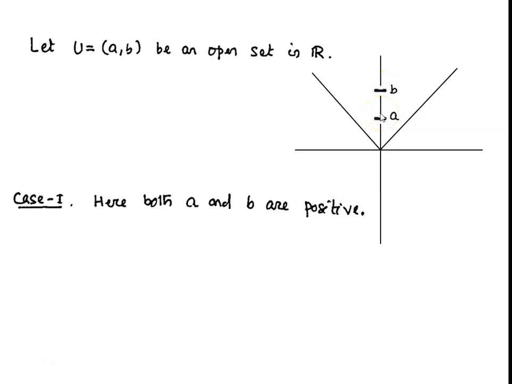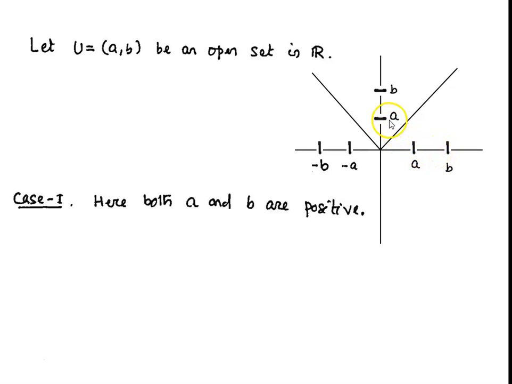And we know that in the case of an absolute value function, inverse image of B is minus B plus B. F inverse B is equal to minus B and plus B. Similarly, inverse image of this point A is minus A and plus A. So, inverse image of all the points lying in between A and B is the points lying in between minus B and minus A, union all the points lying in between A and B.